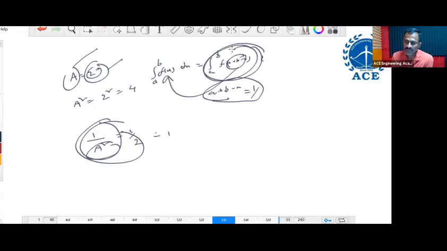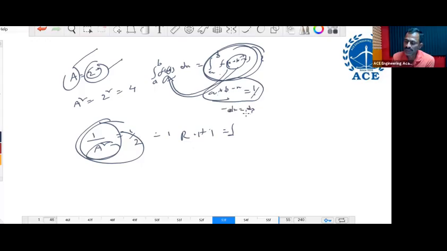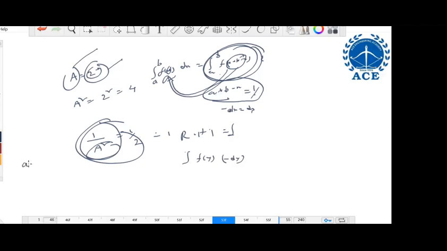Take this RHS part, the integral. To prove this RHS equal to LHS, in place of this a plus b minus x, we require only the single variable x. So I'm taking a plus b minus x equal to y. Minus dx equals dy. Then limits: here f of y, minus dy like this, and put a plus b minus x equal to y.